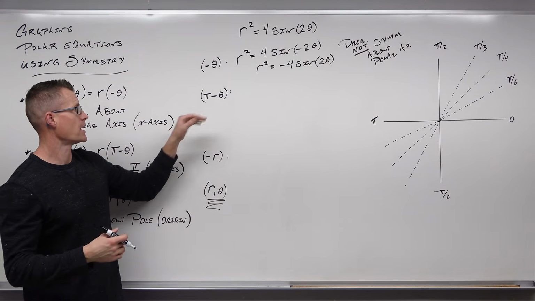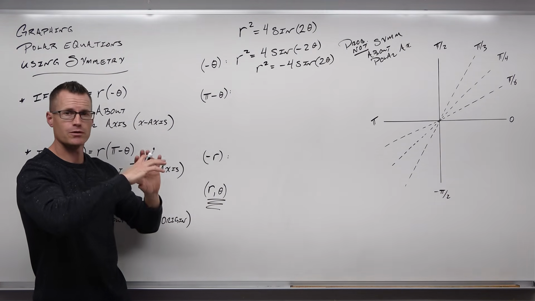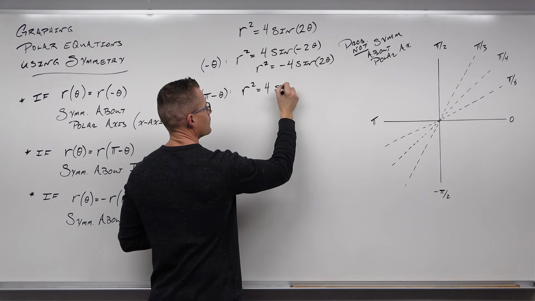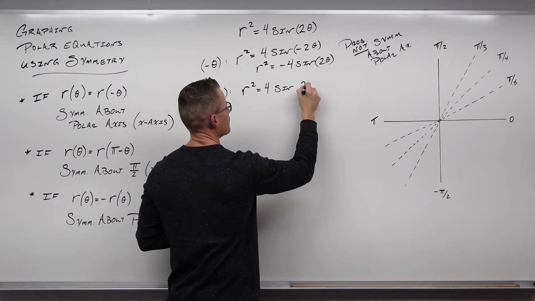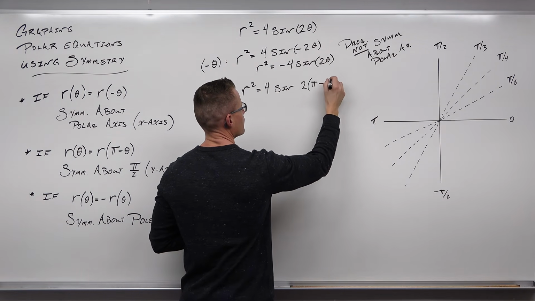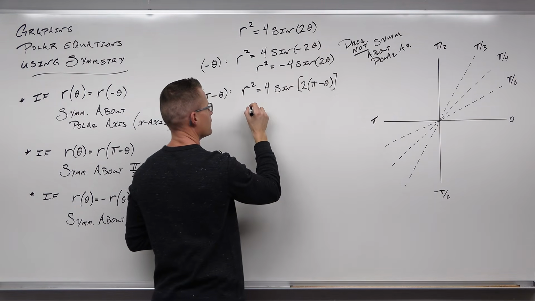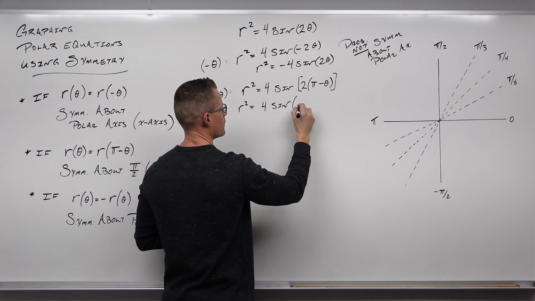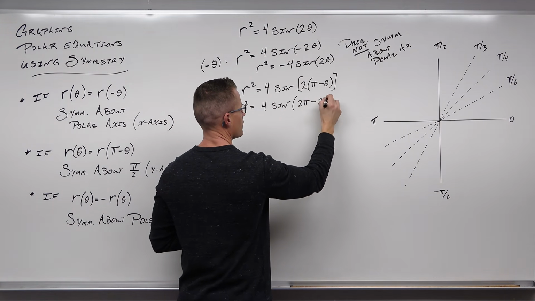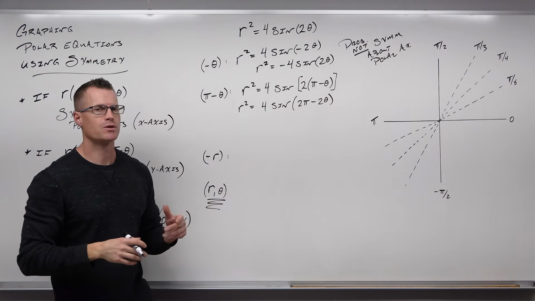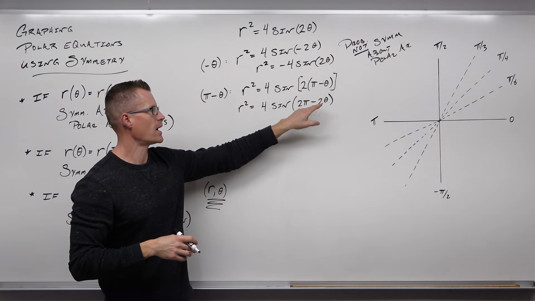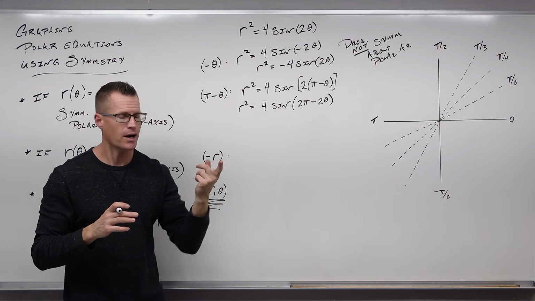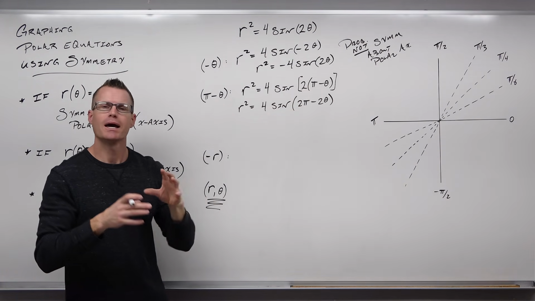Let's try the next one. Let's try pi minus theta. We're going to evaluate that. And we get something very similar to the last example, that we have 2 pi minus 2 theta. Sine's period is 2 pi. It means you can add or subtract 2 pi and just remove that entire thing and get the same result.